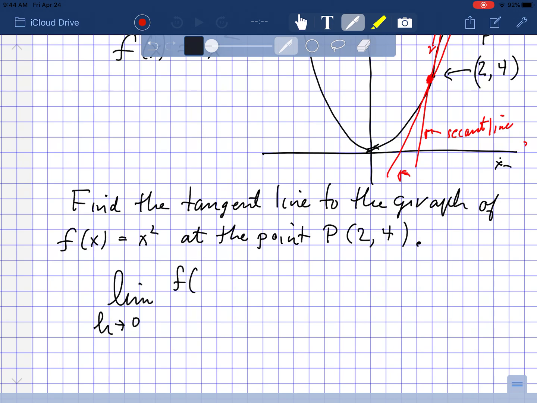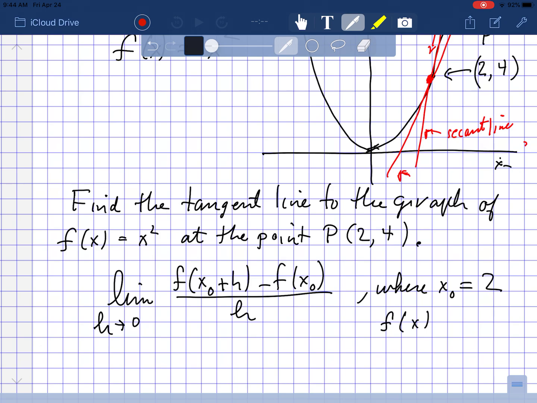So this is going to be f of x sub naught plus h minus f of x sub naught divided by h, where in this case x sub naught is equal to 2. That's the x coordinate of the point P, and f of x is equal to x squared.